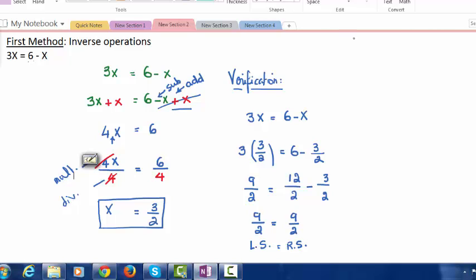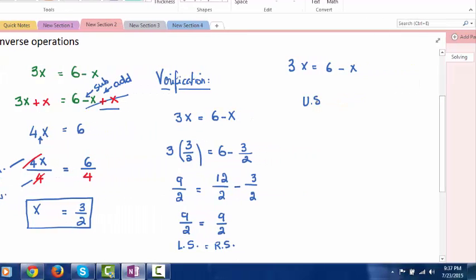If I have 3x equal 6 minus x, instead of using the inverse operation that you can see here, we can create something else. We can imagine that on the left side is US and on the right side is Canada. And this is not true, this is a small imagination, okay? And imagine there is a border.